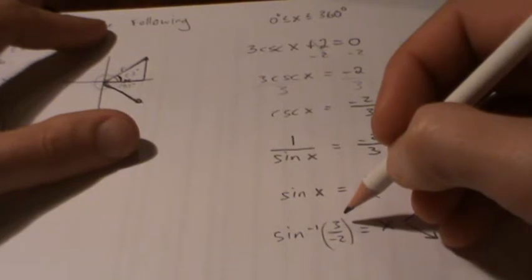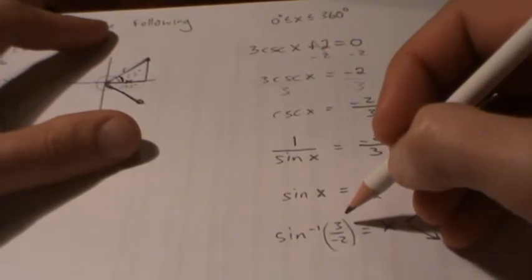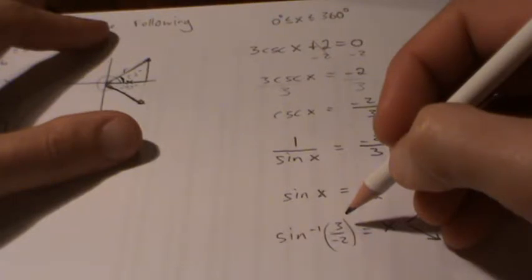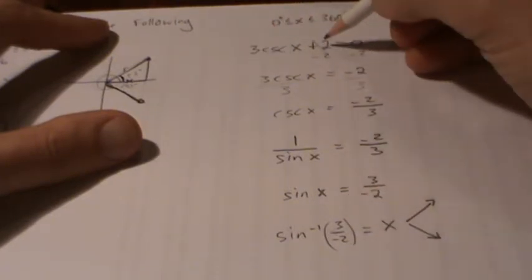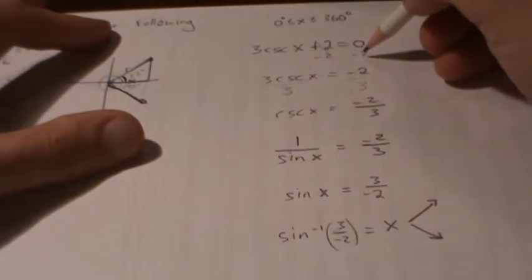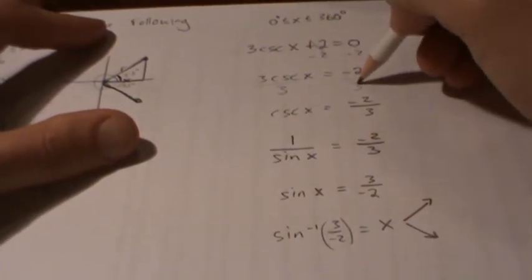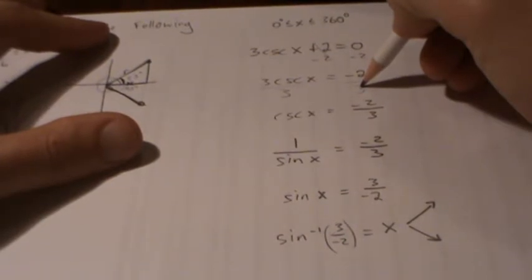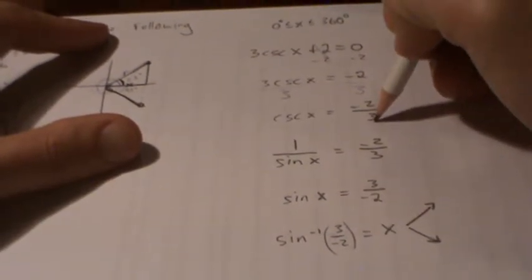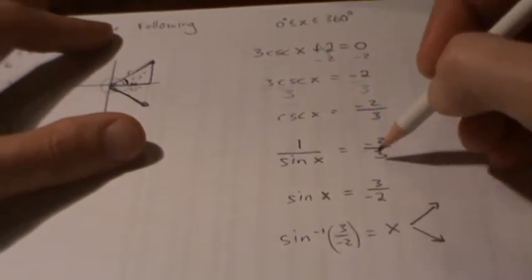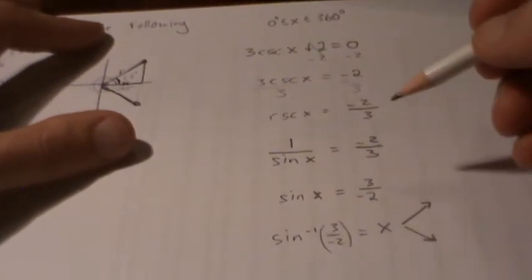And the problem here is, well, we've got a bit of a problem. I believe we've got a problem. Let me go back here. Subtracted 2, divided by 3, reciprocated it. Yep, this is all correct.